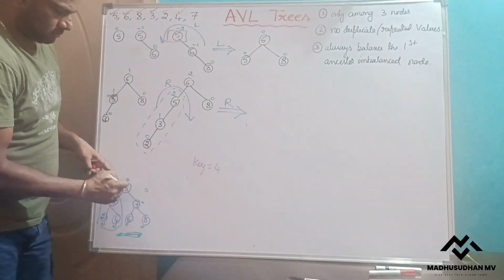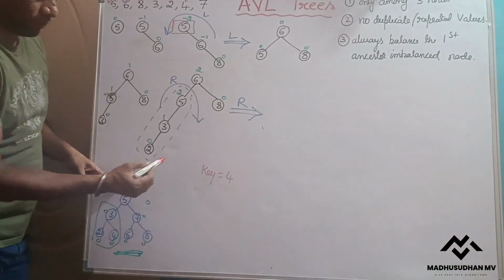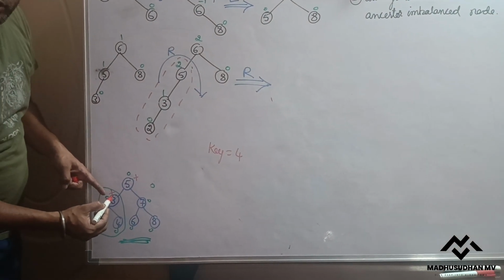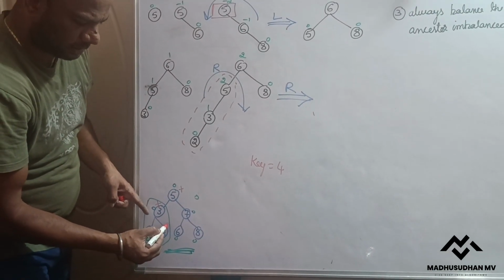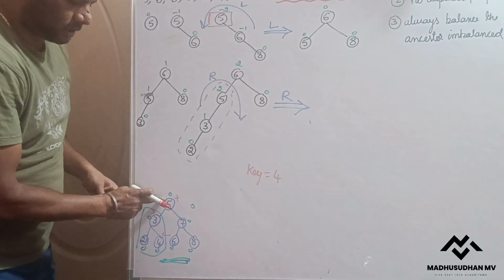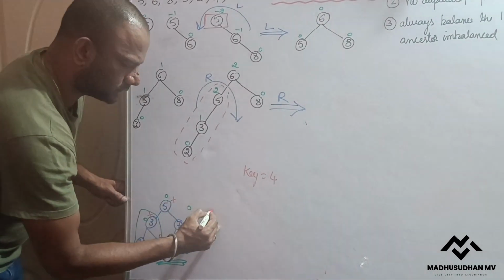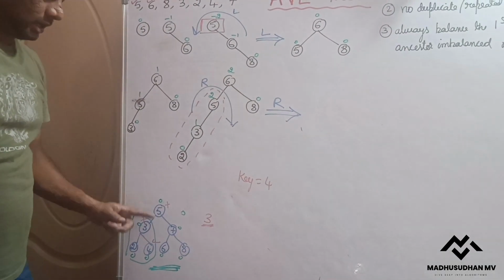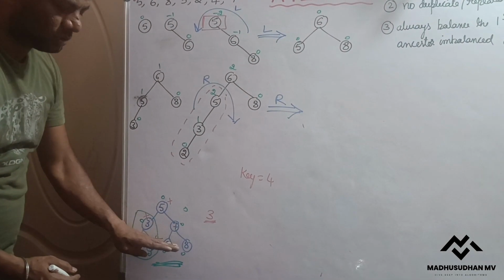Check with the root element, not a match. Now 4 is lesser than, come here, not a match. Now 4 is greater than 3, come here, so it matches. So 1 comparison, 2 comparisons, 3 comparisons. I found the key element in 3 comparisons. So the height of this is also 1, 2, 3.